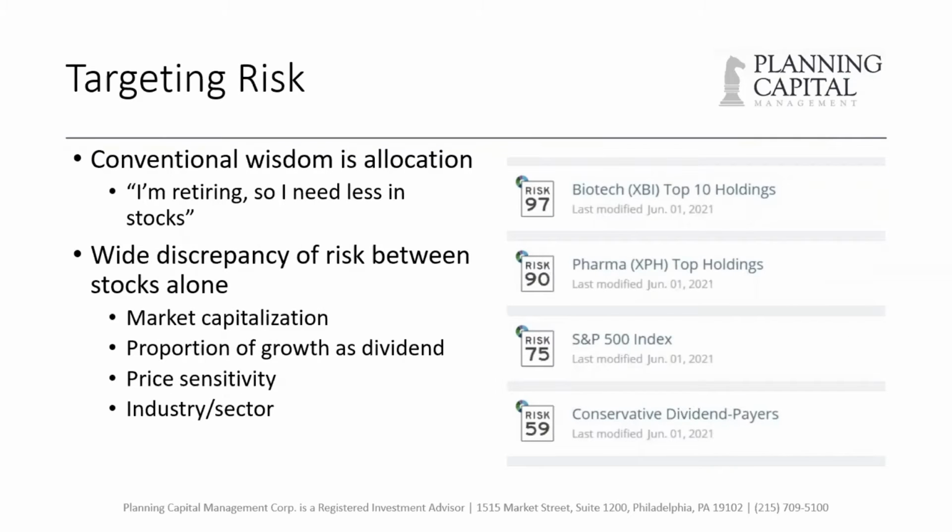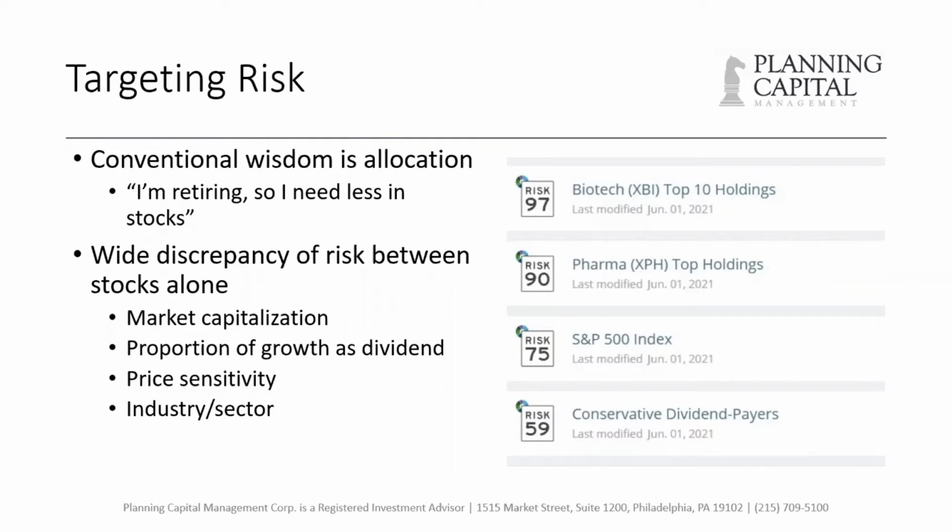So generally speaking, while the risk number is a fairly simple concept, most investors are oversimplifying how to target risk. The one thing I hear a lot is some sort of variation of, I'm retiring, so I need less in stocks.